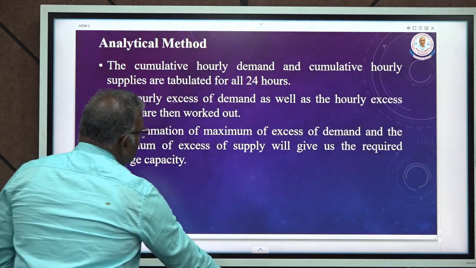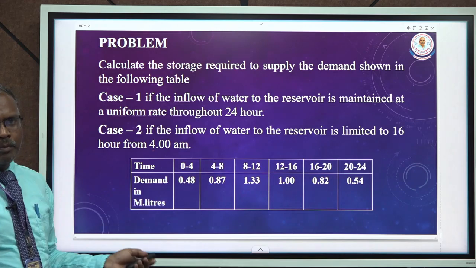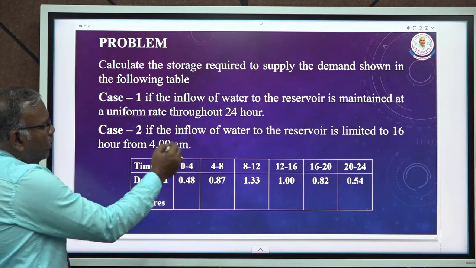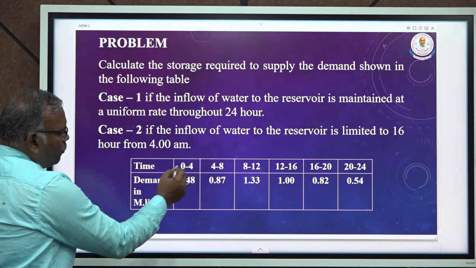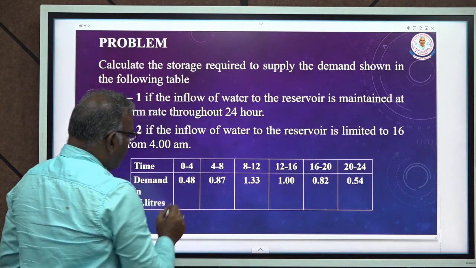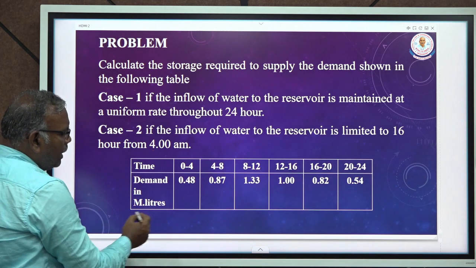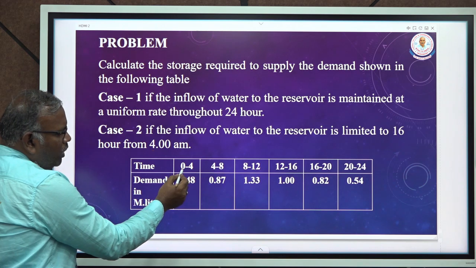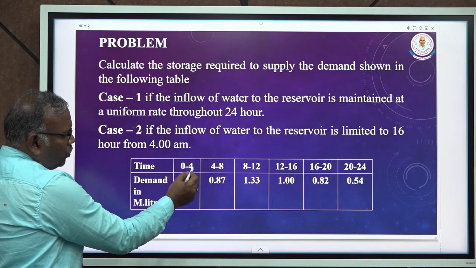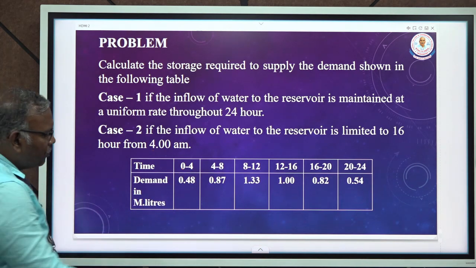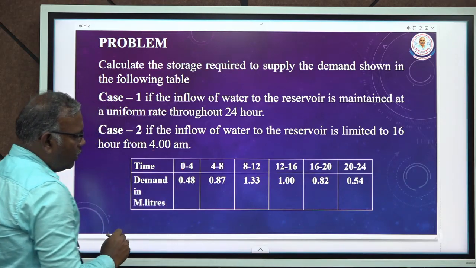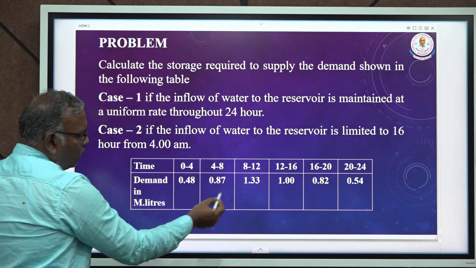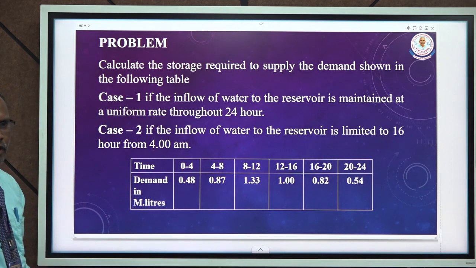Okay, now we will discuss a problem by the analytical method. Here the water requirement for different time periods is provided in terms of million liters. For the time period from midnight 12 am to 4 am, the demand is 0.48 million liters, and similarly for every 4 hours the demand requirement is given over here.